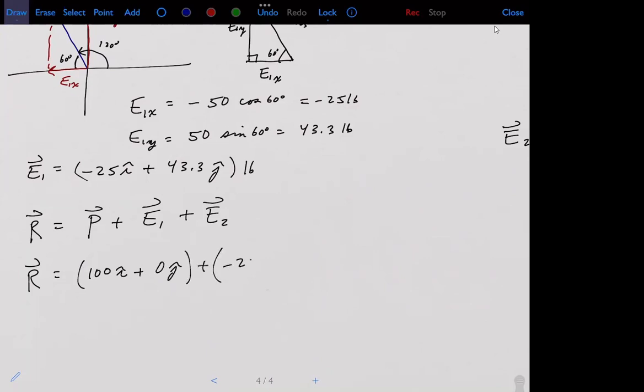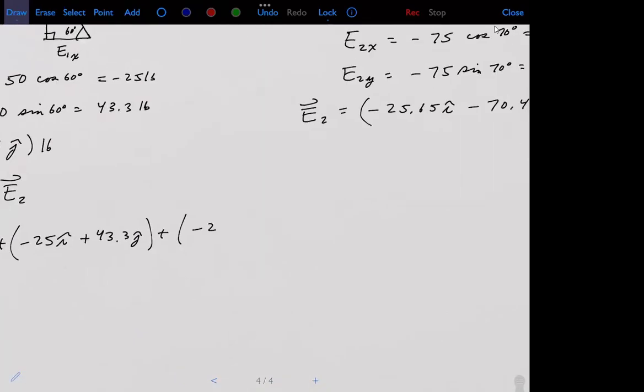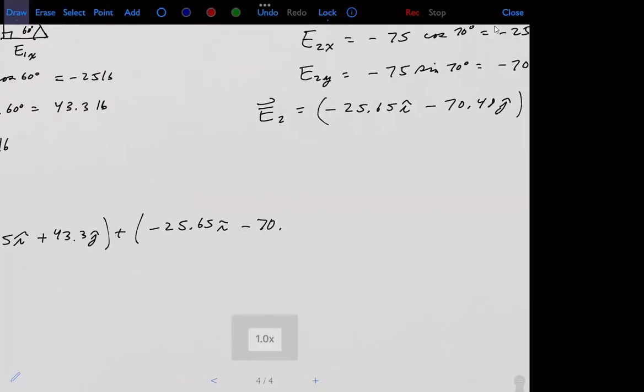E1 was negative 25 i hat plus 43.3 j hat. And then E2 over here was negative 25.65 i hat and then minus 70.48 j hat.